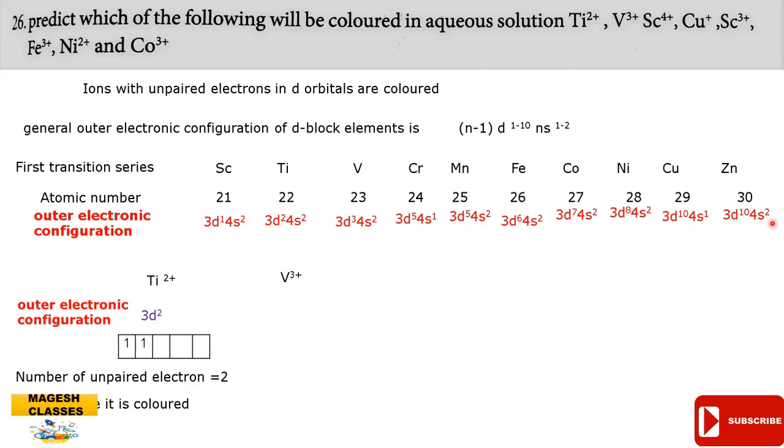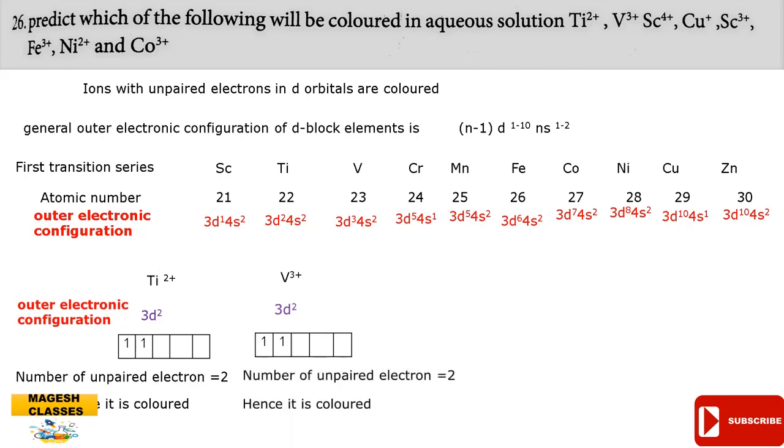Next one, vanadium 3+. Vanadium has 2 electrons in the outer shell and 3 electrons in the inner shell. So 2 electrons are lost from the outer 4s2, and 1 electron from the 3d level. So you get V3+ with electronic configuration 3d2. It is similar to titanium 2+, with the same outer electronic configuration and 2 unpaired electrons, hence it is colored.